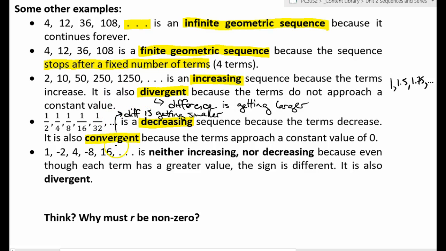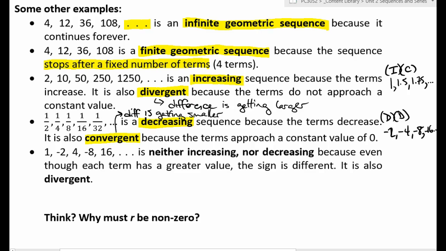A decreasing divergent sequence would be something along the lines of -2, -4, -8, -16, etc.